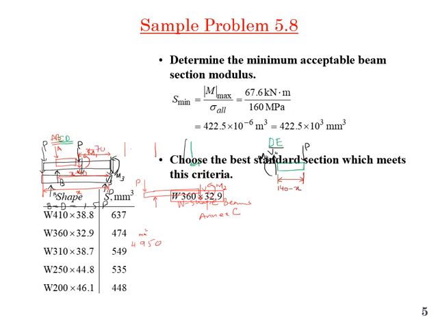Now W360 by 32.9. The area for this beam is 4190. For 310 by 38.7, the cross sectional area is 4940.